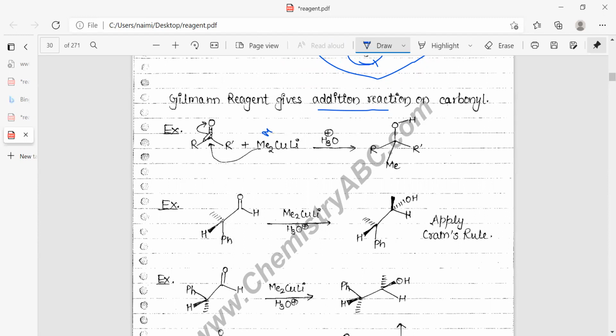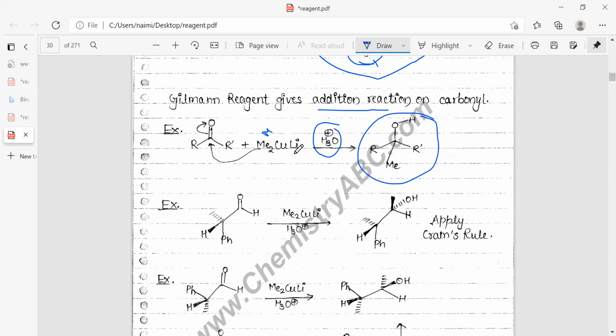After that, this double bond will break and the electron density will shift onto the oxygen atom. Then the hydronium ion releases H+ in the reaction medium, and the electron density present on the oxygen will capture this hydrogen from the hydronium ion and convert it to this compound.